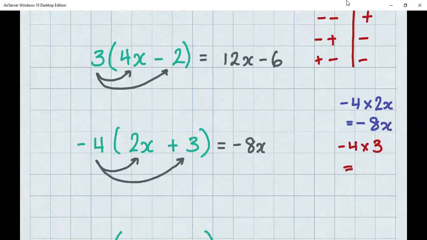Now I can sort out the numbers first if I want to. 4 times 3 I know is 12, and then I'm going to sort out the signs. So I've got a negative times a positive. A minus and a plus is minus. So my final answer is going to be minus 8x minus 12.